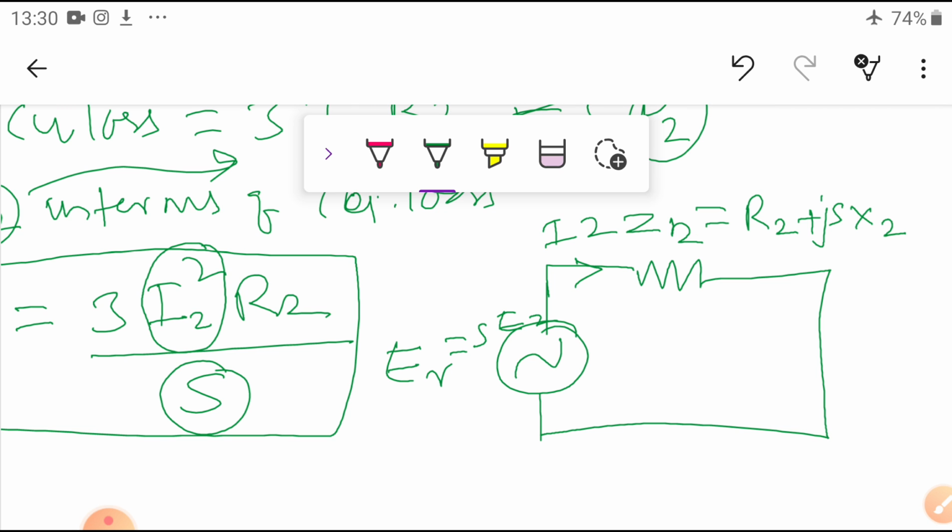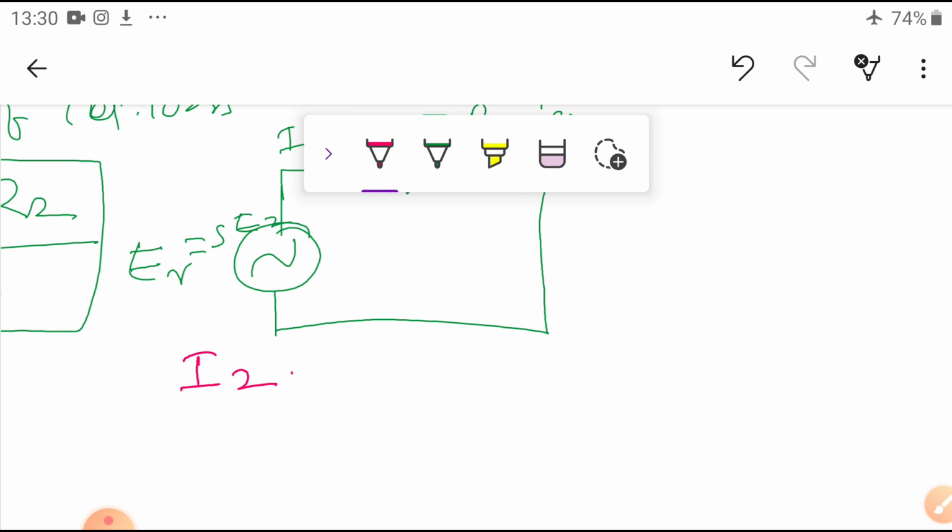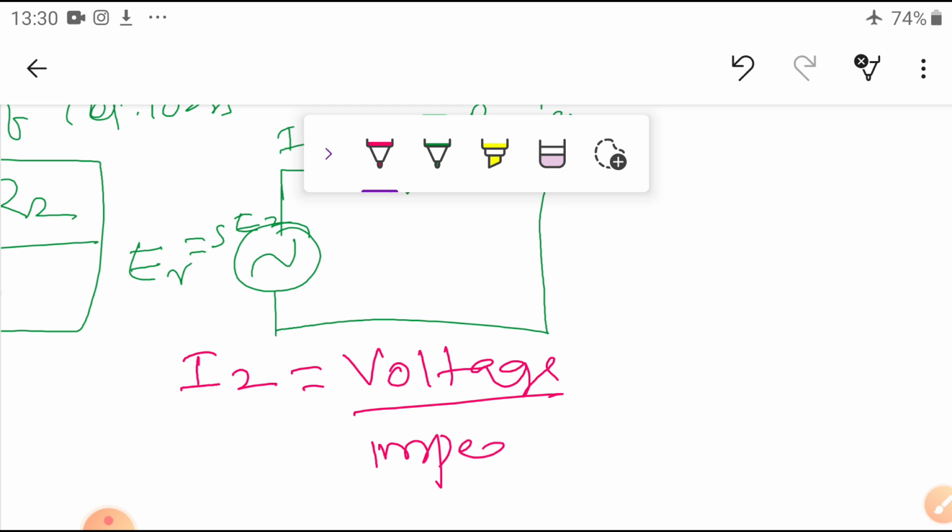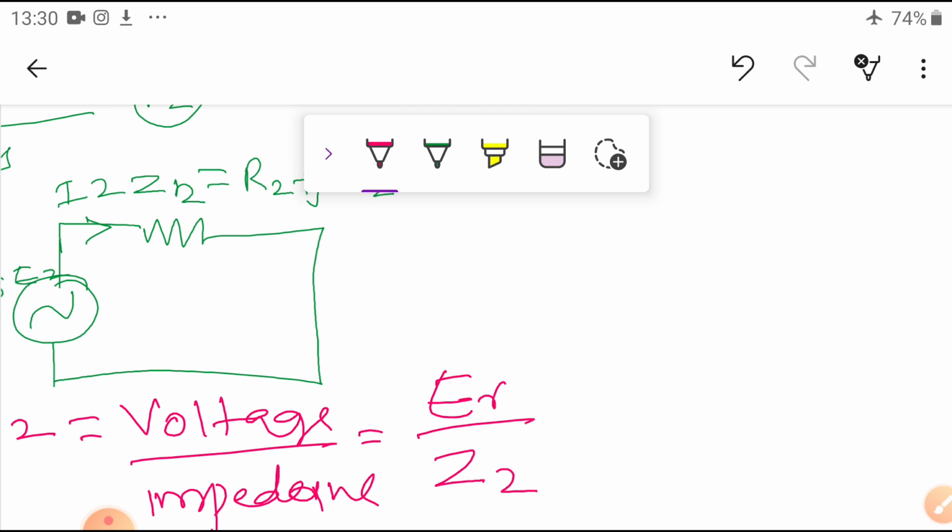Now dear students, don't confuse. What is I2? I2 is the voltage by impedance. What is the voltage? ER. What is the impedance? Z2. Now what is ER? I can write it as S into E2.